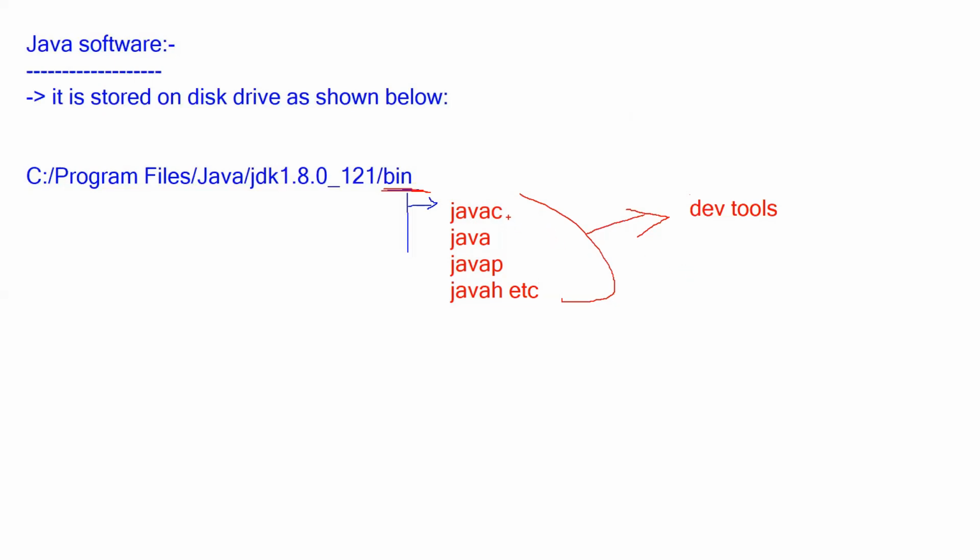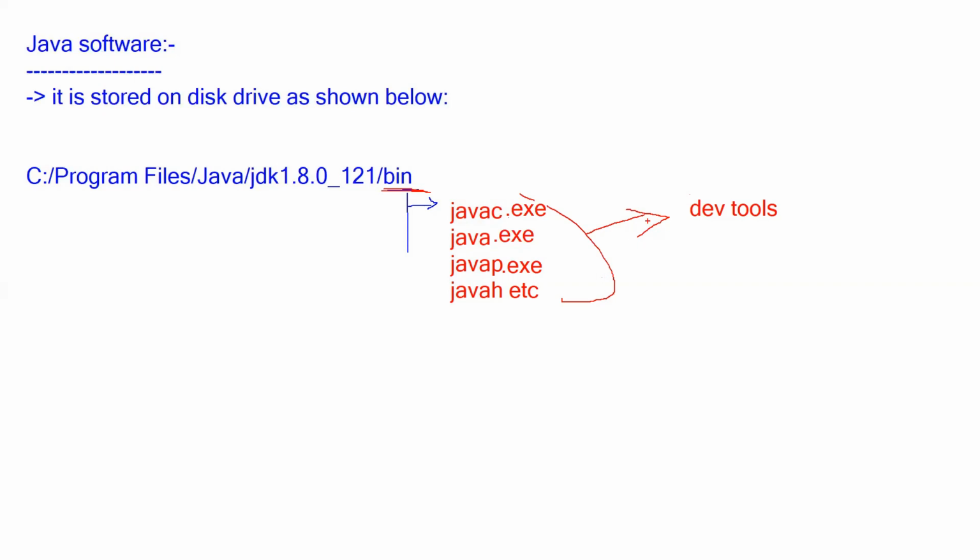That means they will be like javac.exe, java.exe, javap.exe, likewise. So these are all executable files, so they can be executed by the operating system. That is the meaning of it.